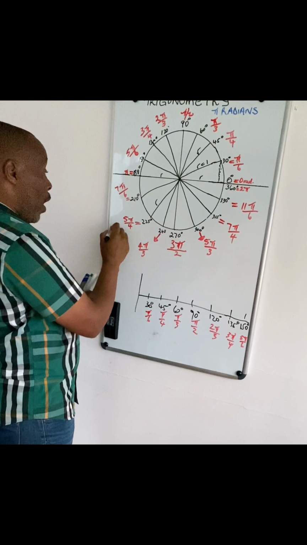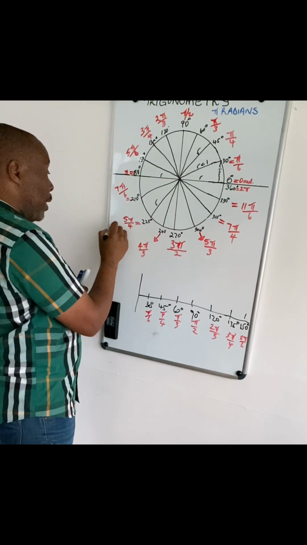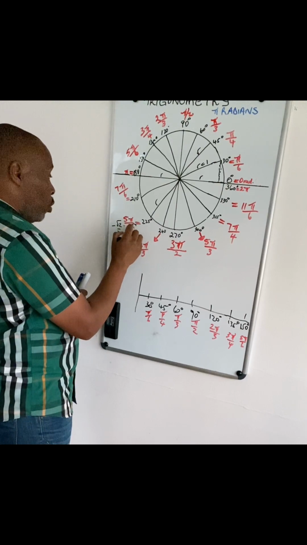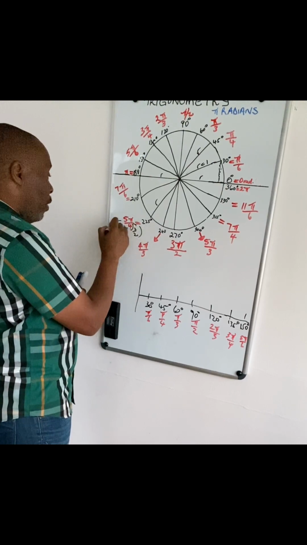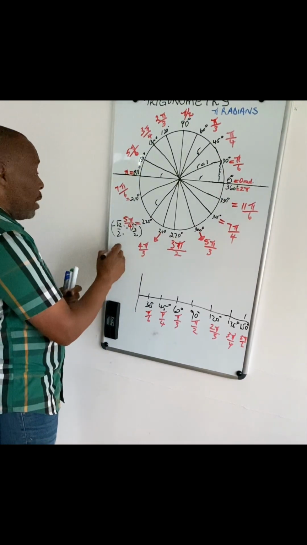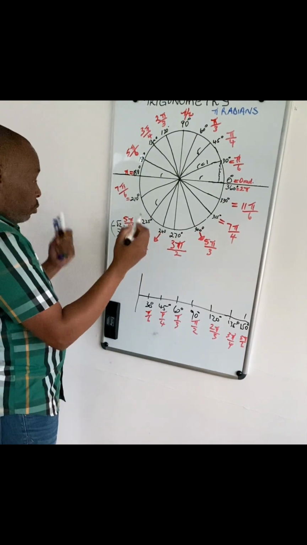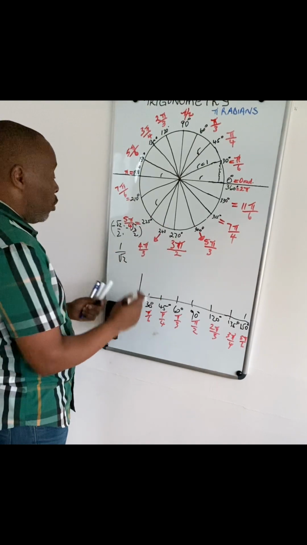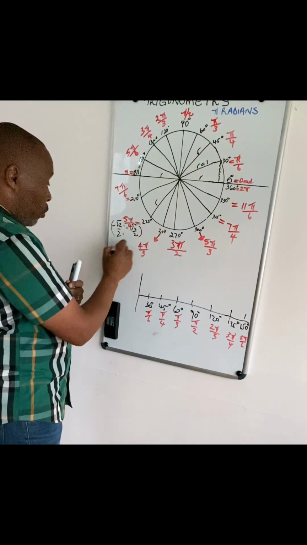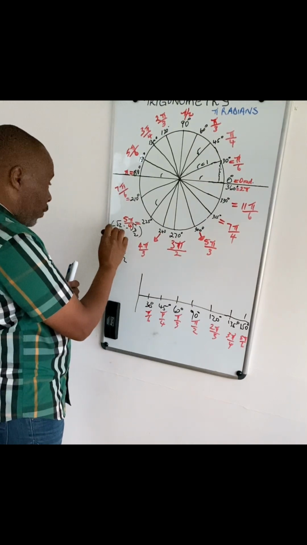Like for 225, that is here, it's minus root 2 over 2 for the x value and minus root 2 over 2 for the y value. Remember, root 2 over 2 is the same as 1 over root 2. I did explain that, so check the other videos where I do the 45-degree angle and you'll see why this is equivalent to this.